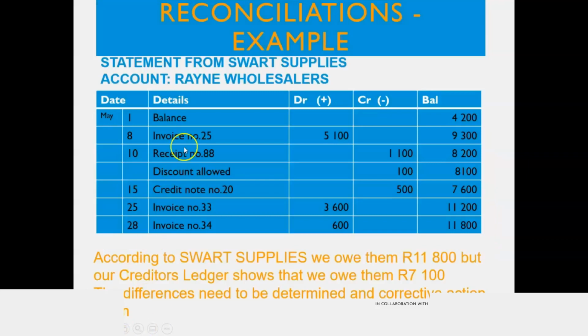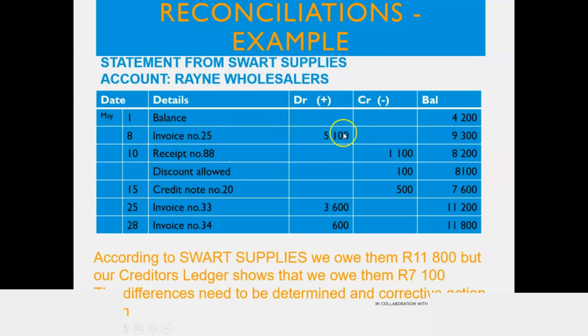Okay, what did Rainy do? Rainy recognized that, oh sorry, it's SWOT. What SWOT did was, yes, they took goods indeed on the 8th, for invoice 25, and for how much? For 5,100. So Rainy recognizes this as an asset.